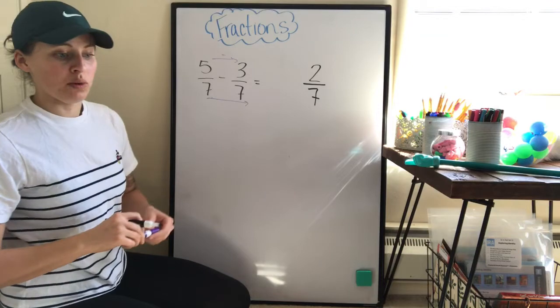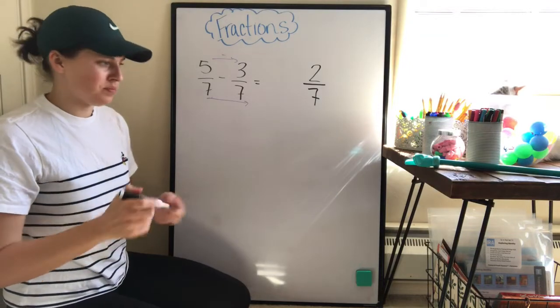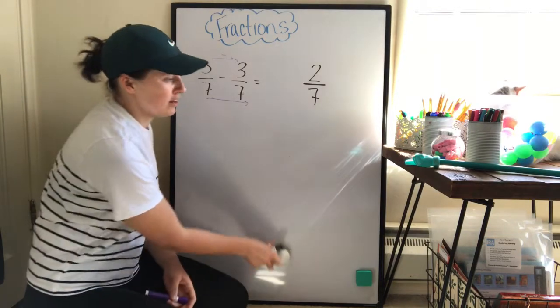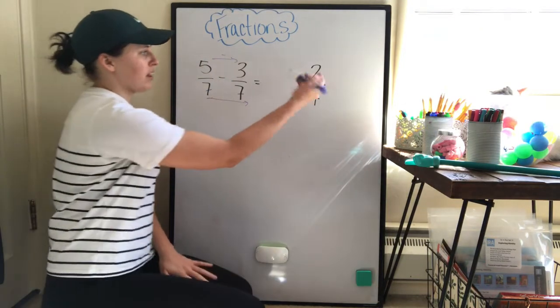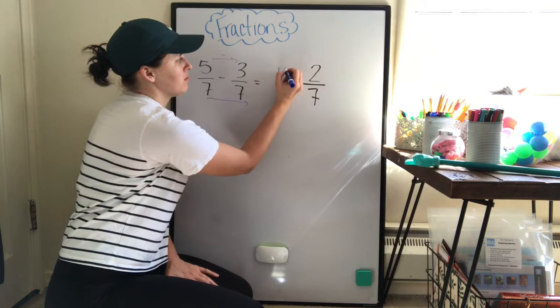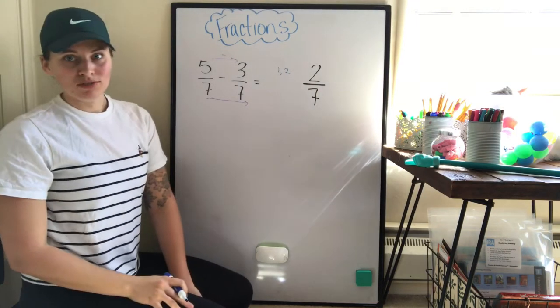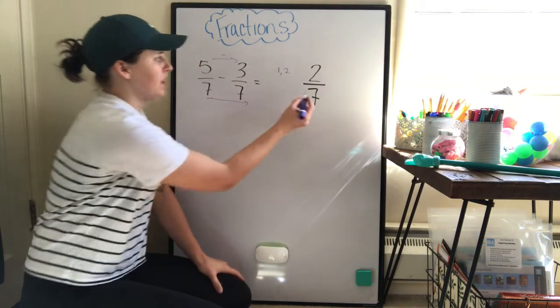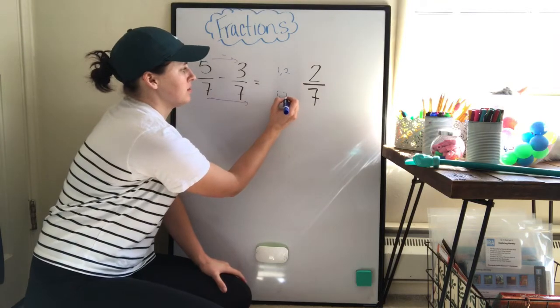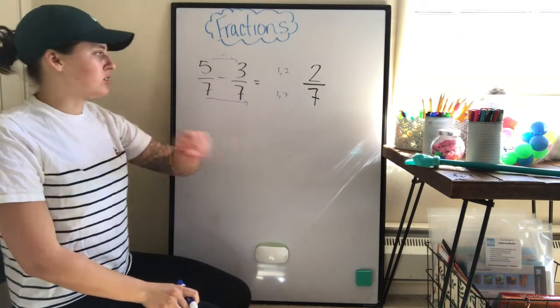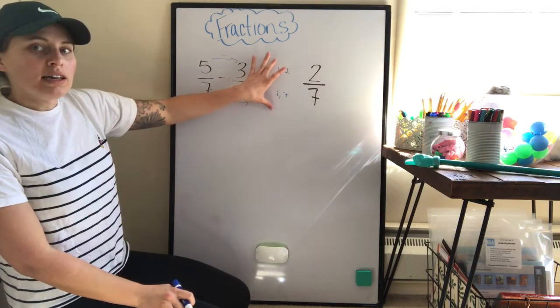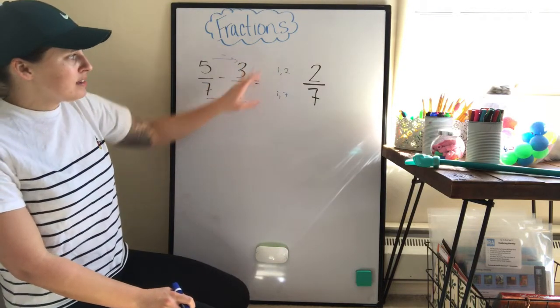And we might be done, we might not be done. We need to see if we can simplify this number. Alright, so let's come up with factors for 2. 1 and 2. 2 is a prime number, right? So let's do 7. 1, 7. Well, that's easy. 7 is a prime number also. I only have 2 factors. The only number that is in both of these is 1.